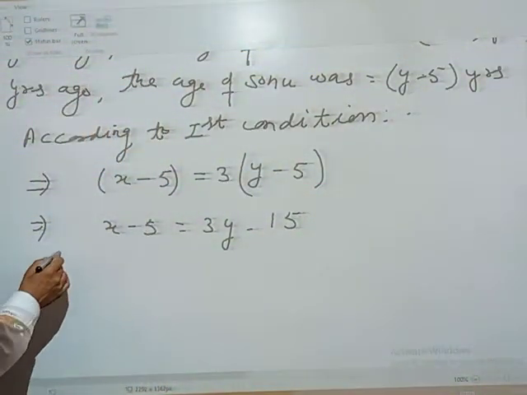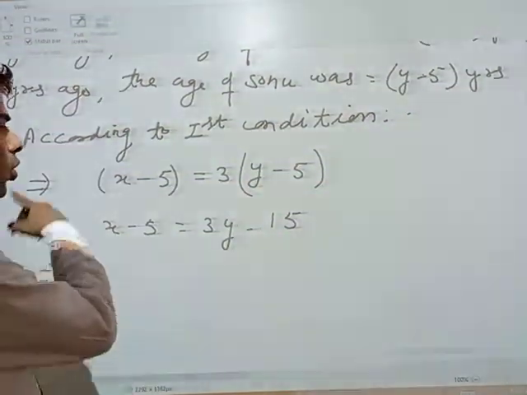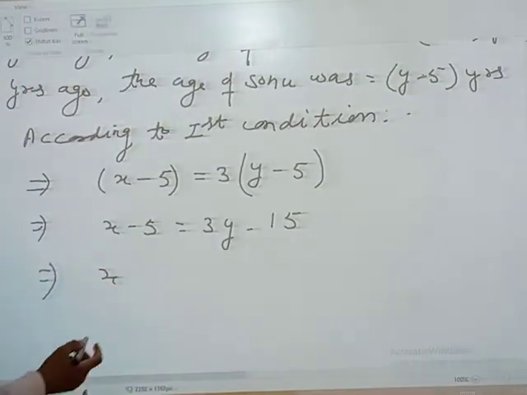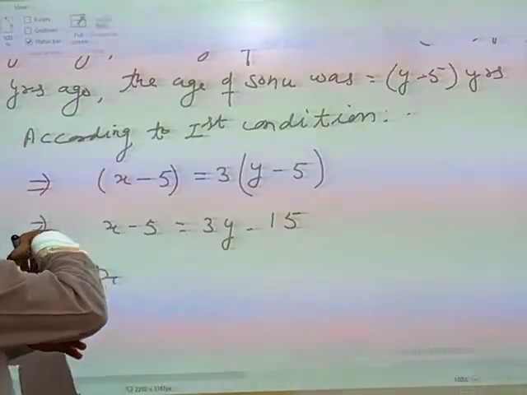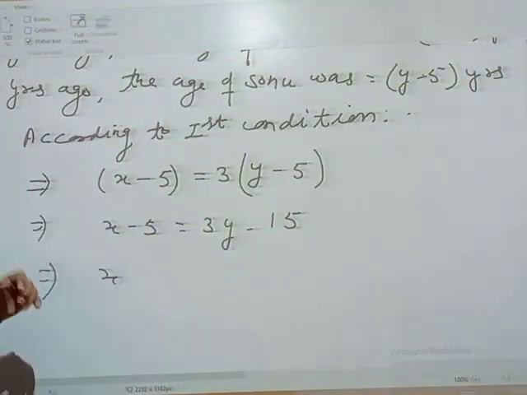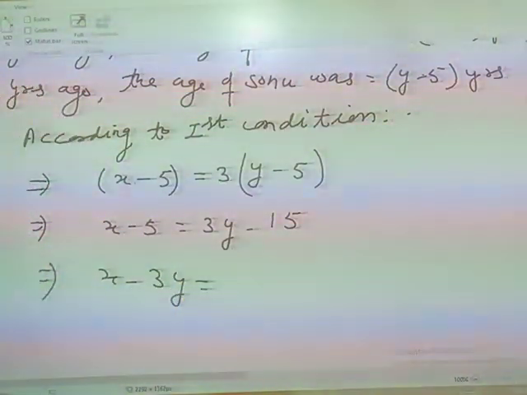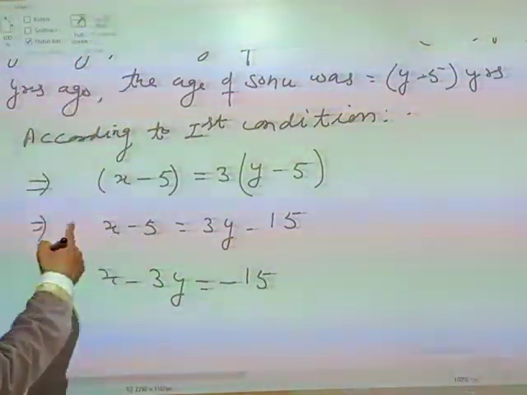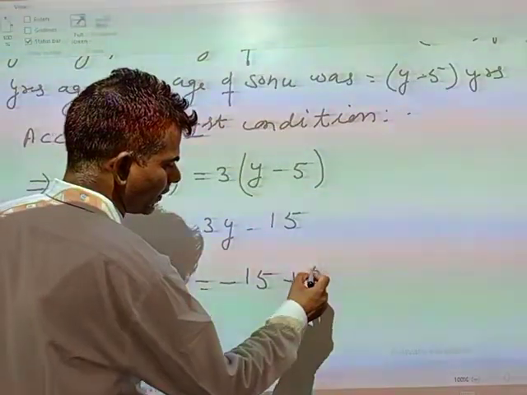Now, students, we will transfer the variable to one side and the constant term to the other side. We will transfer 3y from the right hand side to the left hand side, so the plus sign changes into a minus sign, that is minus 3y. Now minus 15, minus 5 changes into plus 5.